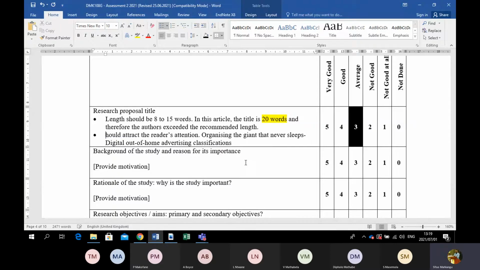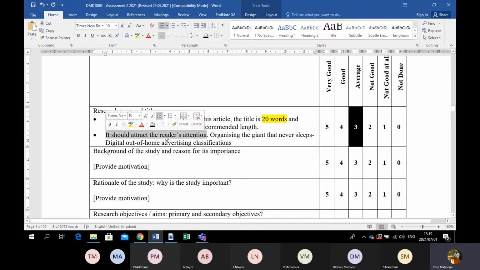It's always better to do it in bullet points, but if you want, you can do it in a paragraph format. It should attract the reader's attention. That's the first thing. By indicating this first, you illustrate that you know what you're looking for. And based on what you've written and what the article says, now you evaluate.